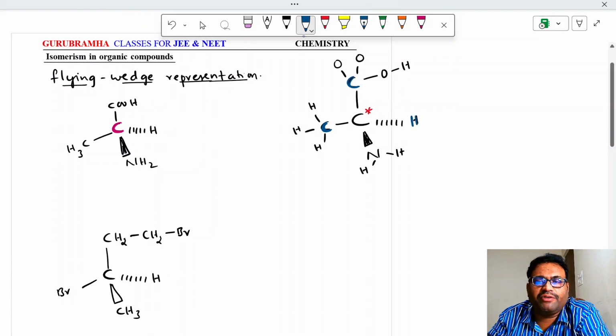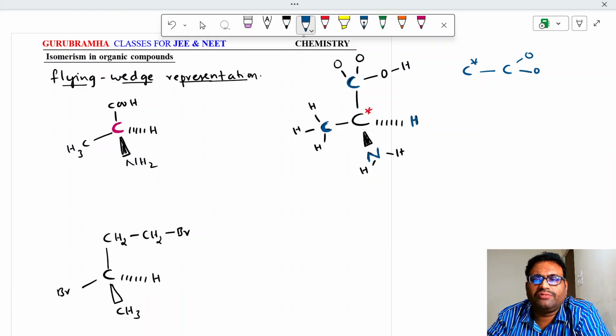Here you are finding hydrogen, here you are finding nitrogen, and COOH.